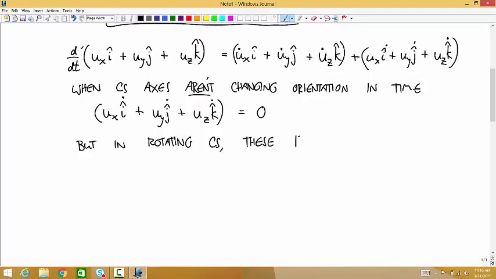These terms are non-zero. And the way we're going to think about it, you can think of those terms as correction terms.